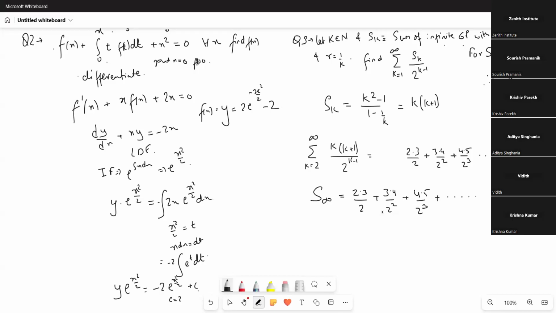Whenever a sequence has a GP component, in the method of solving we use a different series.